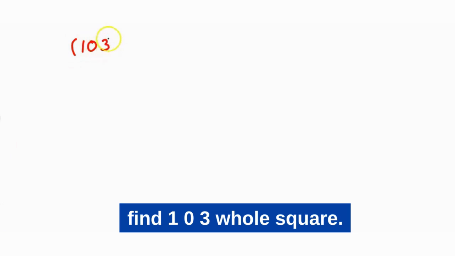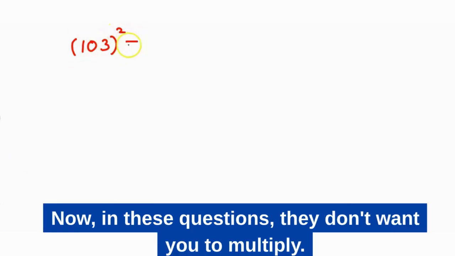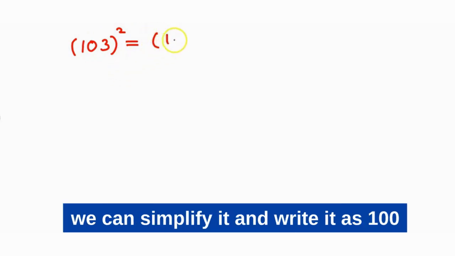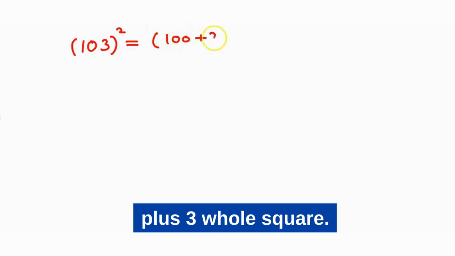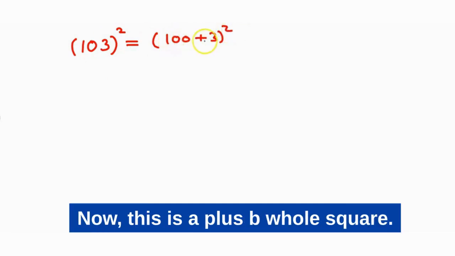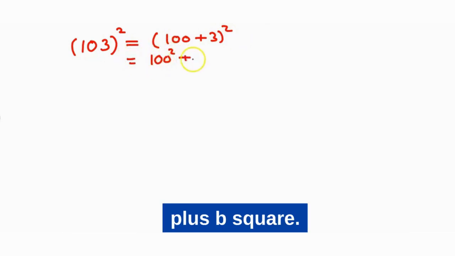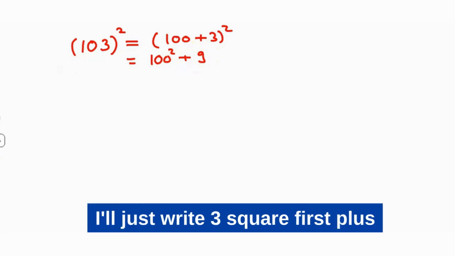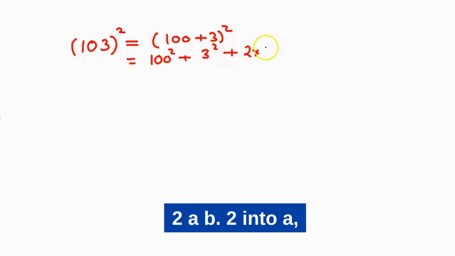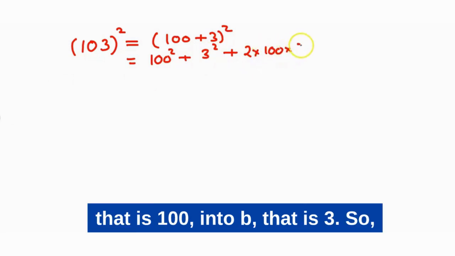First of all, questions like this. Using identity, find 103 whole square. In these questions, they don't want you to multiply. They want you to find the value without multiplication. We can simplify it and write it as (100 plus 3) whole square. Now this is (a plus b) whole square, so that should be equal to a square plus b square, I'll write 3 square first, plus 2ab. 2 into a, that is 100, into b, that is 3.